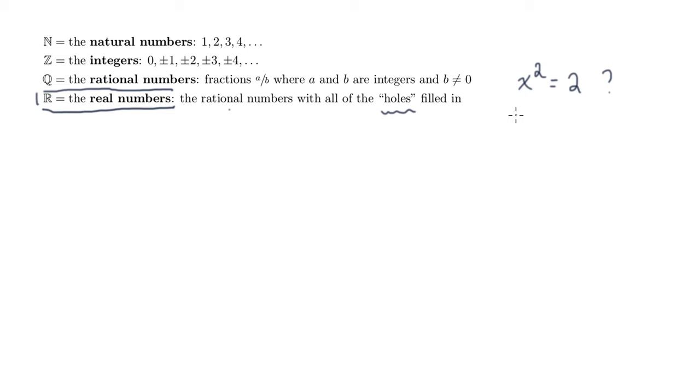Well, it turns out that x is not rational. So if I define this thing called, let's just say the positive square root of 2, the number that when I square it I get 2, this x is not going to be a rational number, which is kind of a deep problem. Somehow you might think that all numbers are rational, but it turns out that there are numbers that are not rational. And so those are kind of the holes that exist within the rational numbers, and that's really all I want to say about that.